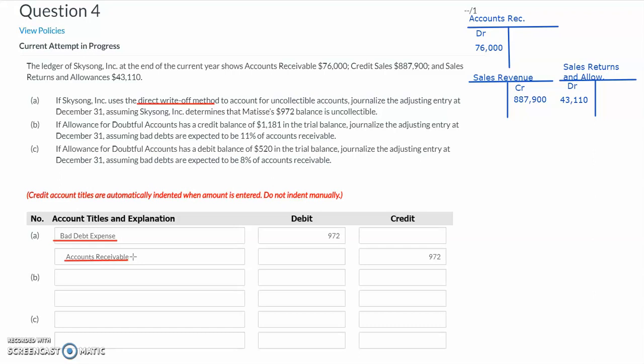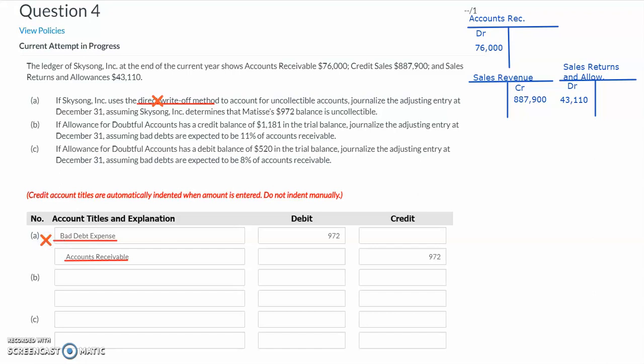So this poses a problem that our accounts receivable may be overstated on the balance sheet at each period if we do not assume that there could be some amounts that might not be collected. So for this direct write-off method, you can include the dollar amount in the journal entry for the purpose of this example, but we really do not want to be using this direct write-off method.